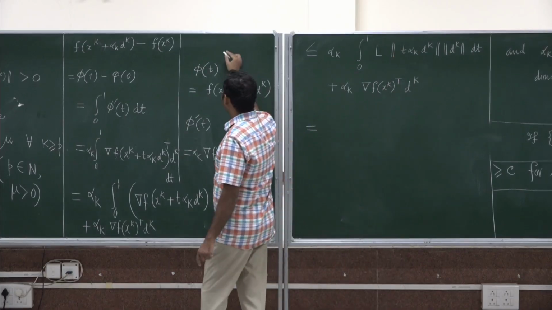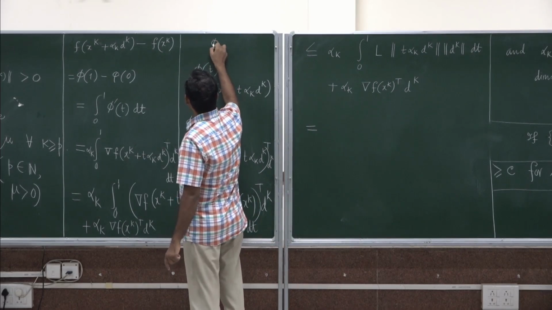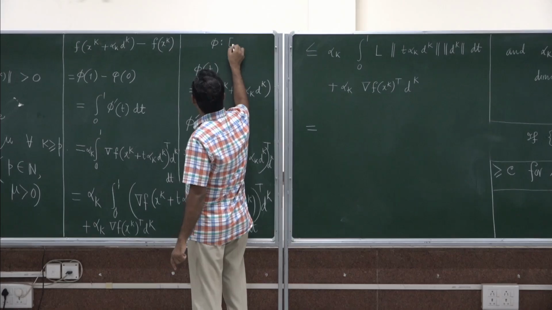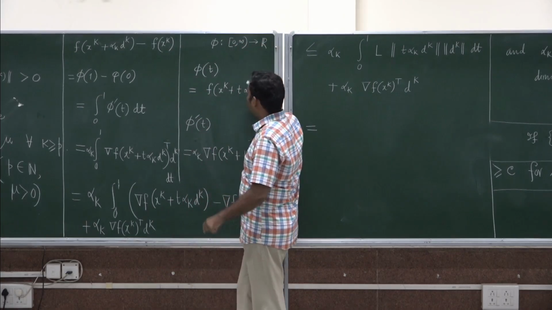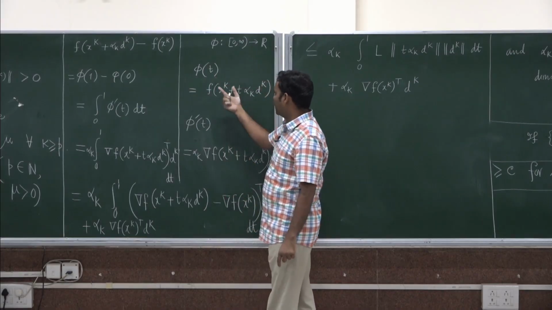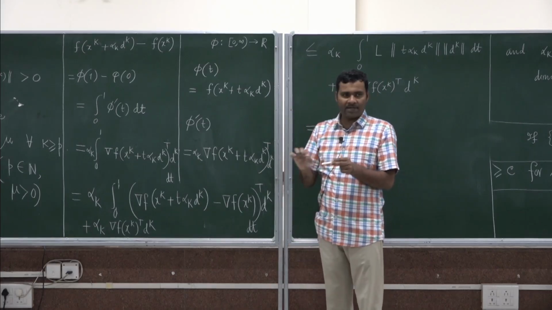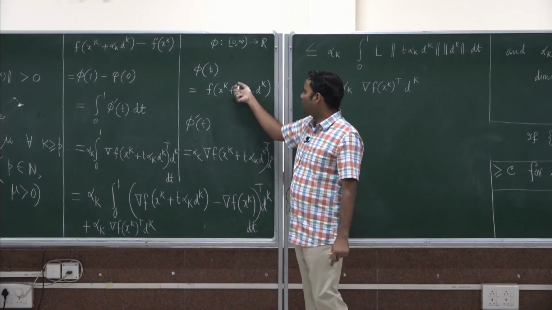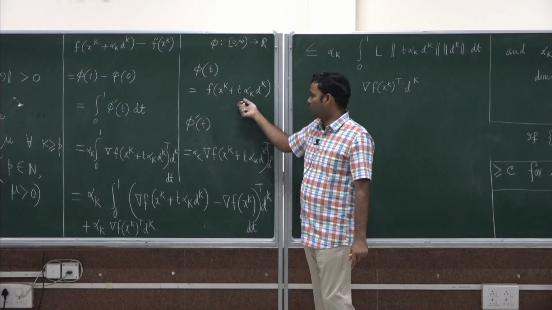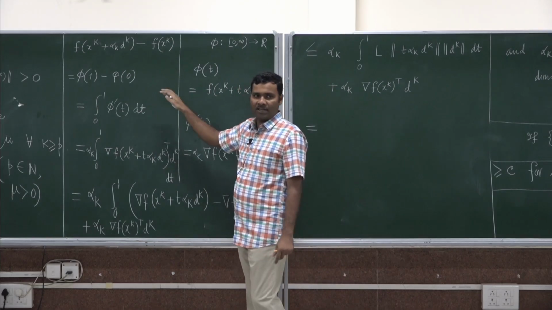Here we are considering this phi function from 0 to infinity, that means we are restricting our movement along the direction dk. Dk is a directed ray, not the entire line, and therefore there is nothing wrong if I consider t greater than or equal to 0; I don't require the analysis for t less than 0.